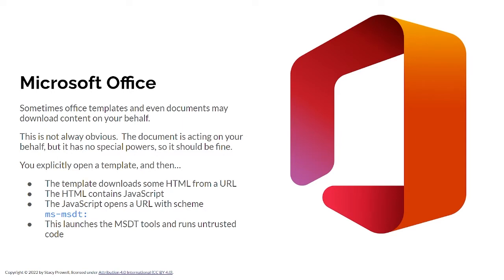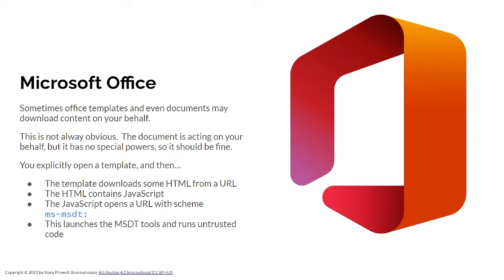So here's what happens. Explicitly open a template, and then the template downloads some HTML from a URL, and then that HTML contains some JavaScript, and then the JavaScript opens a URL with the scheme MSDT, and then this launches the MSDT tool and runs untrusted code.